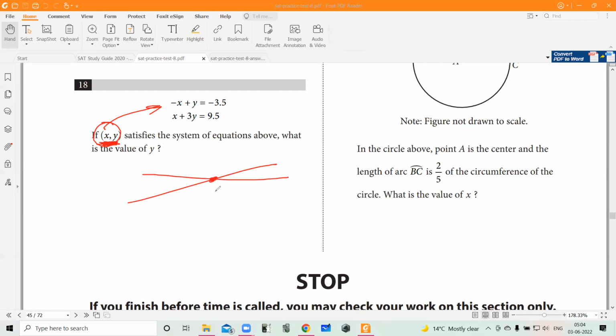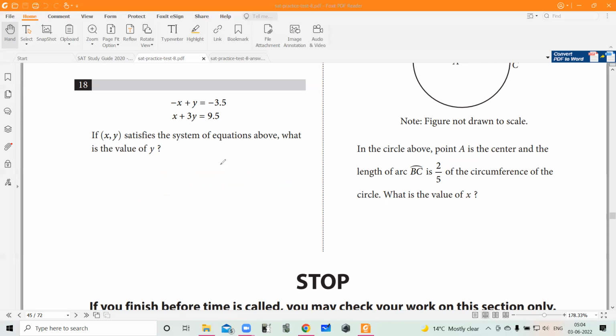It's a common point for the two lines, the point where the two lines intersect each other. That is what it means to satisfy the system of equations above.